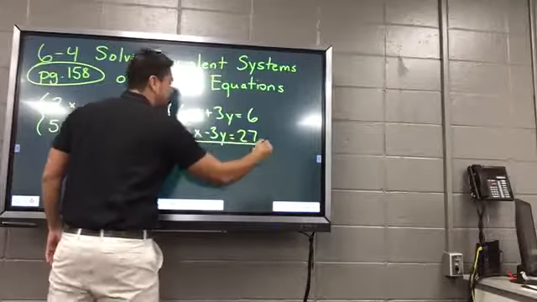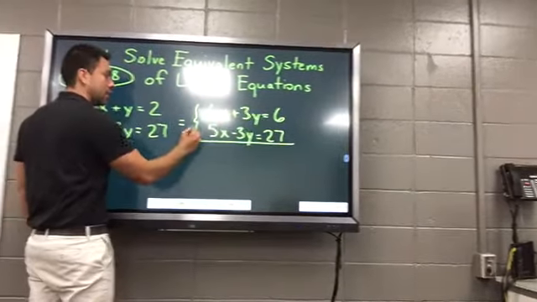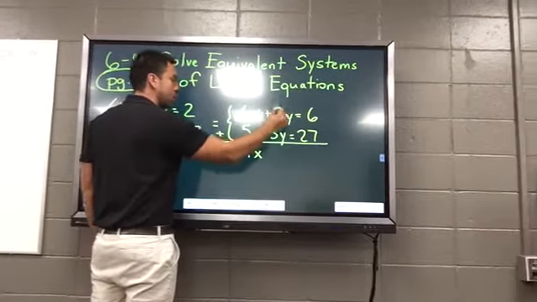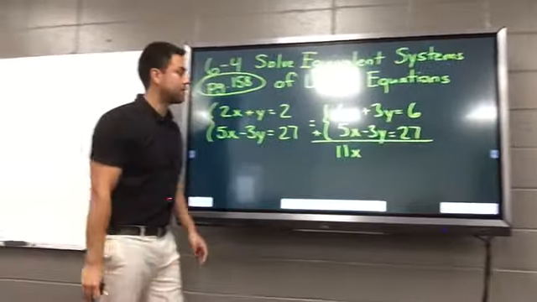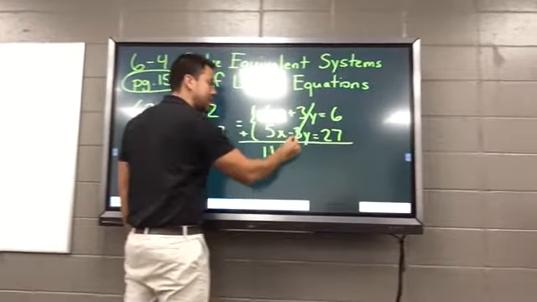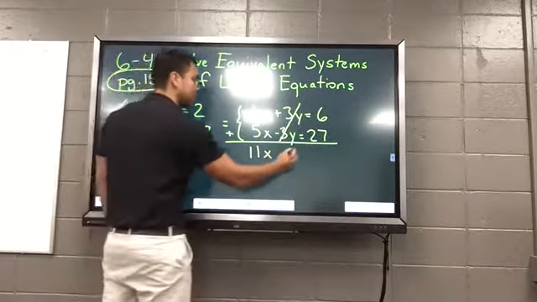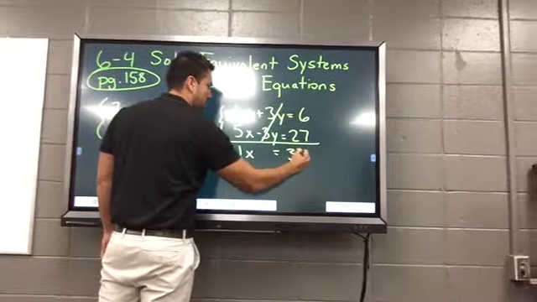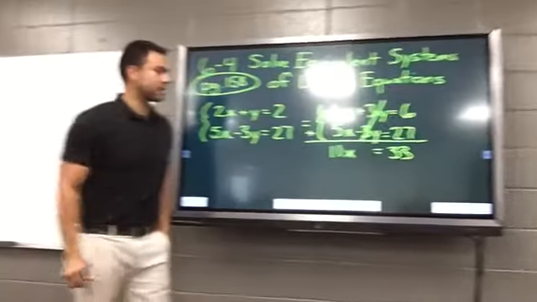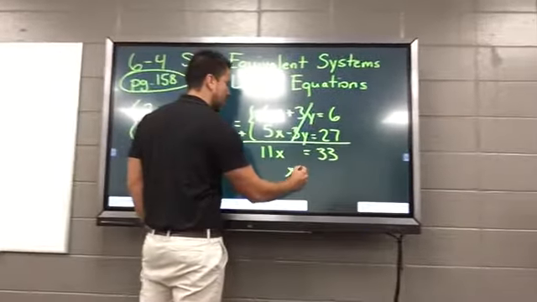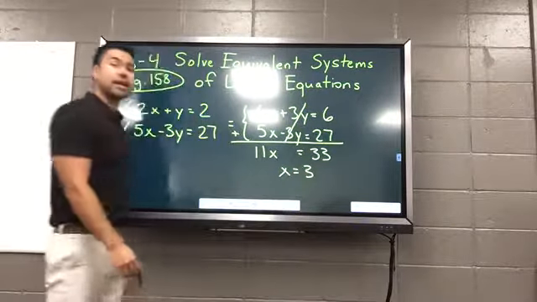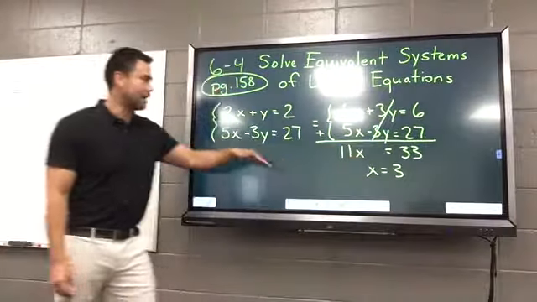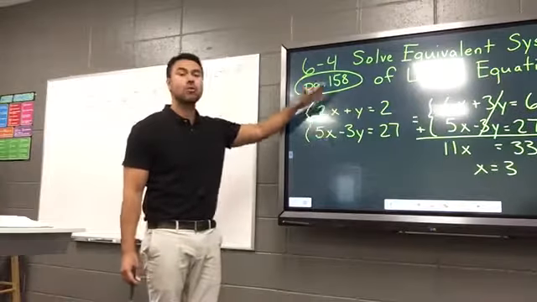Now I'm going to add these two together. What's 6x plus 5x? 11x. What's 3y plus negative 3y? Yeah, it got eliminated. 0y is a 0. And then what's 6 plus 27? 33. Can I solve for x? Yeah, x equals 3. So isn't this elimination? But we changed elimination to make it more usable.